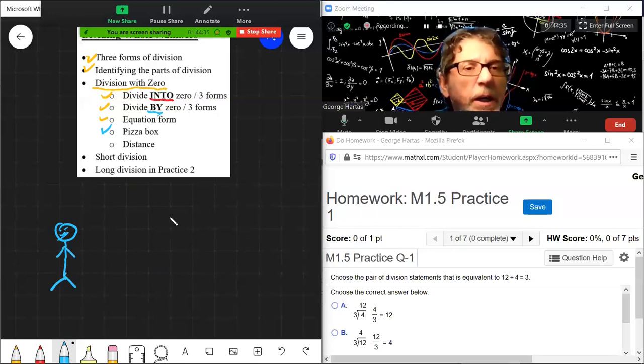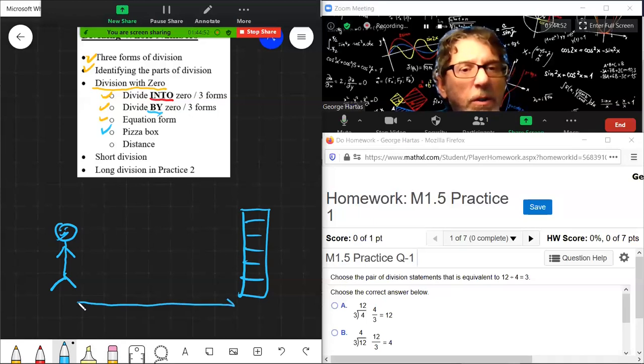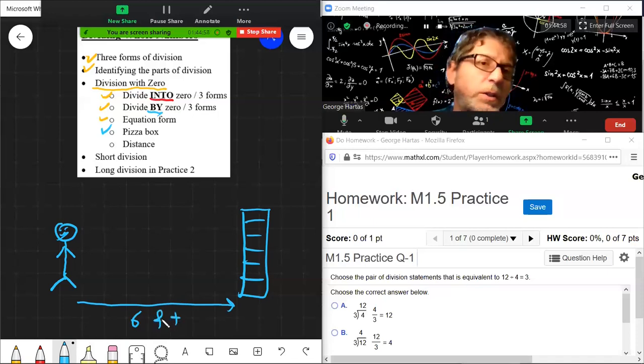Okay, and here is a wall. All right, so from me to the wall is 6 feet.